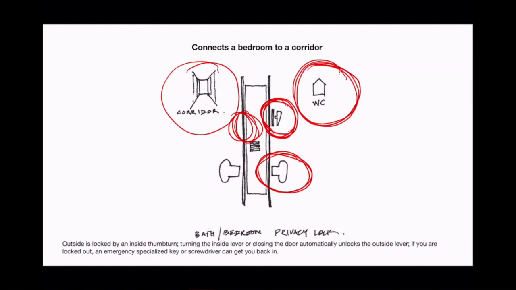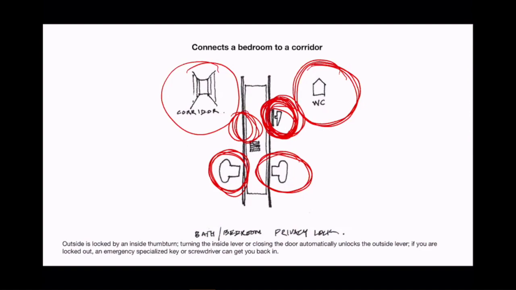Furthermore, if we happen to open the door, then turn the thumb turn to lock the door, and then went out to the hallway, and then we closed the door, we wouldn't want to be locked out of our bedroom for that simple mistake. So anytime the door is closed, it automatically unlocks the corridor lever or knob. So that automatically unlocks. Therefore, it can't be locked unless it's closed first and then you turn the thumb turn.